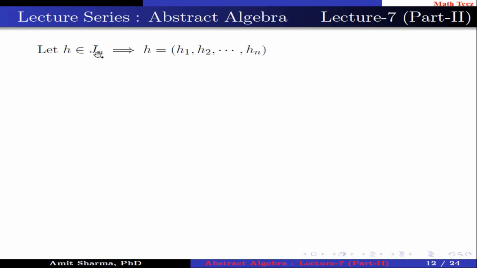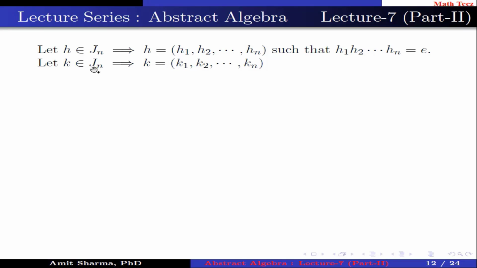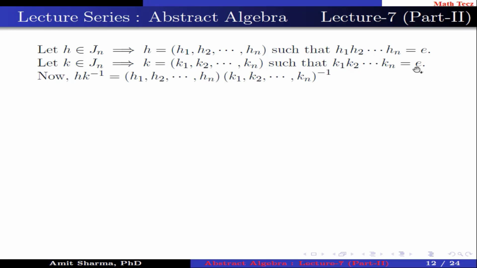Let h belongs to Jn implies h is equal to (h1, h2, up to hn), such that the product h1 h2 hn is identity. Let k belongs to Jn implies k equal to (k1, k2, up to kn), such that the product k1 k2 kn is identity.